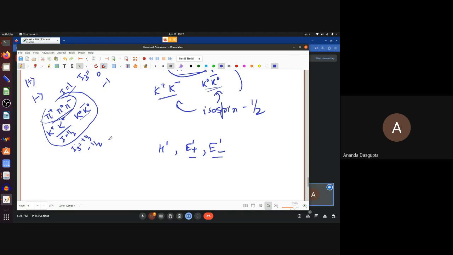The basic idea is these are very similar to each other. These are very similar to each other. For that, we have already used the fact that this is an isospin 1, that is a 3-dimensional multiplet. This is an isospin half, that is a 2-dimensional multiplet, and so on. So they definitely have different isospin values. One for these, half for these. So what do you need?